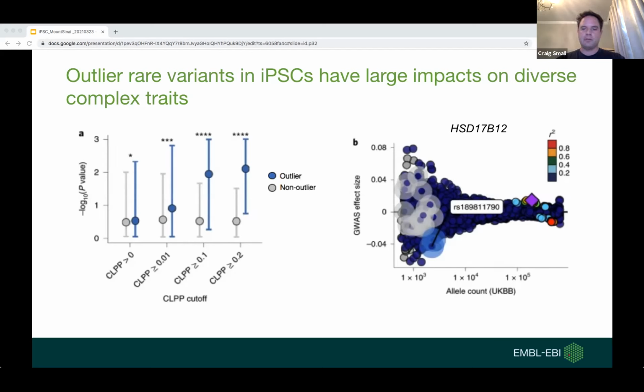But the effect size is in the top 1% of all SNPs in the entire GWAS, and I think in that GWAS there were about 10.5 million SNPs measured, and it's in a gene that's highly colocalized in the common variant colocalization analysis, and this gene is known to have a role in type 2 diabetes. So here, integrating outlier expression information gives us just an extra piece of information in order to interpret this GWAS result. And in the paper, we give a couple of other examples where the expression outlier information was helpful.